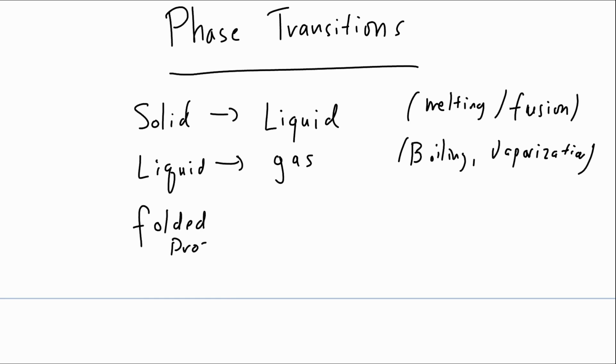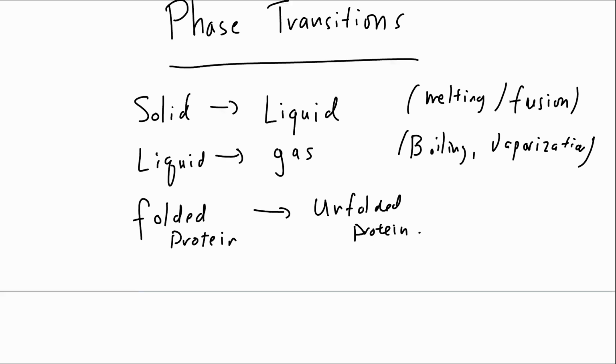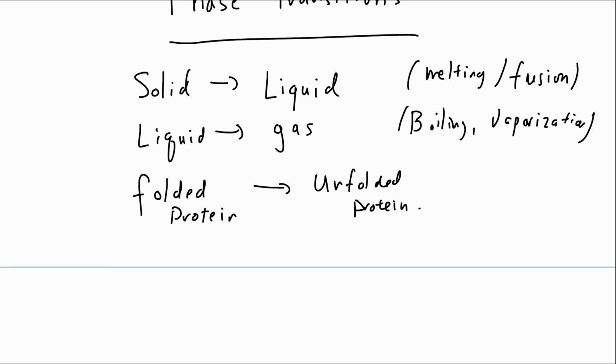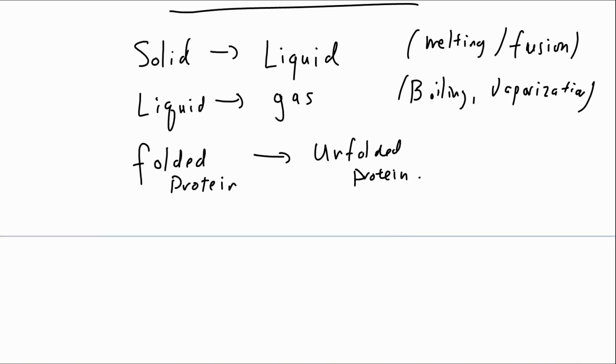Like we can have a folded protein going to an unfolded protein. Or all kinds of stuff like that, right? So biological liquid crystal phases changing, when you change some parameter. That's an example. Or we could have something that's magnetized. And we can unmagnetize that.